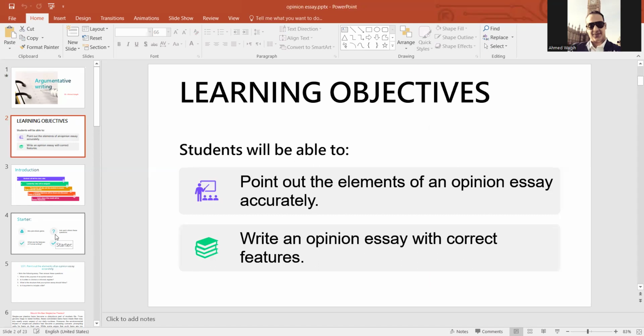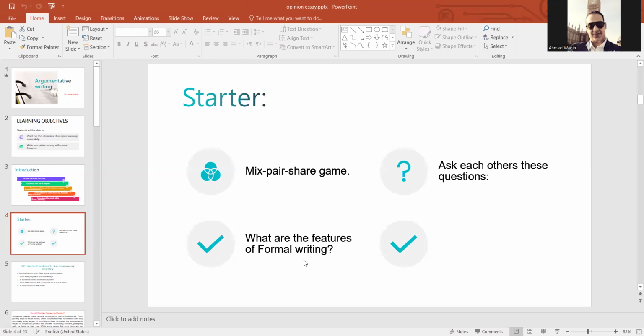Before we start, let's remember together what the features of formal writing are in general. Could you please brainstorm? How do we write formal writing? Your style of writing: what to use, what to avoid using. So we try to use passive.